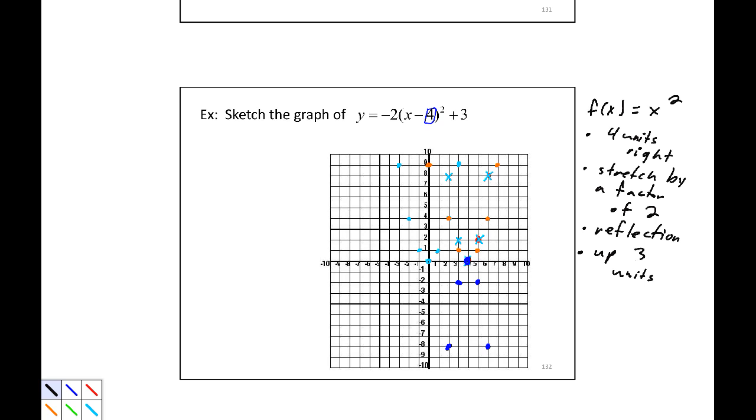I didn't change that correctly. We want to move up 3 units, so I'm at 4, 3. I'm at 5, +1, 3, +1. Up 3 units from -8 is -5, so we have a point at 2, -5, and 6, -5.